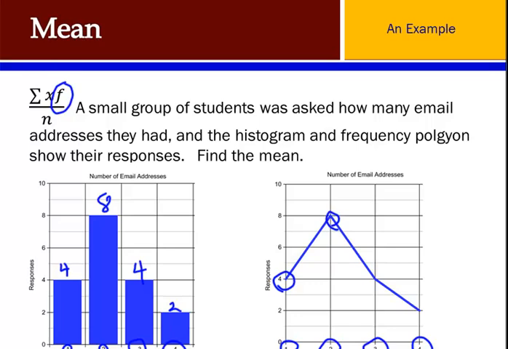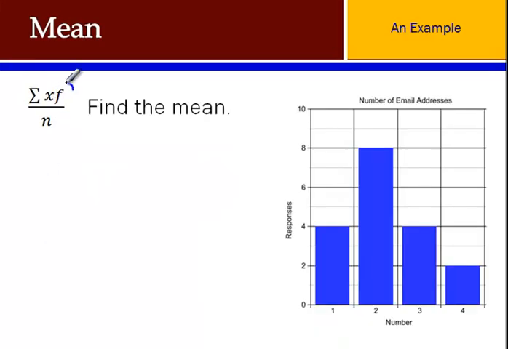So it's exactly the same thing. So we're going to use our formula here that says take the sum of the individual responses times their number of times or frequency that they occur, divide all that by the number of responses or the number of items in the data set.